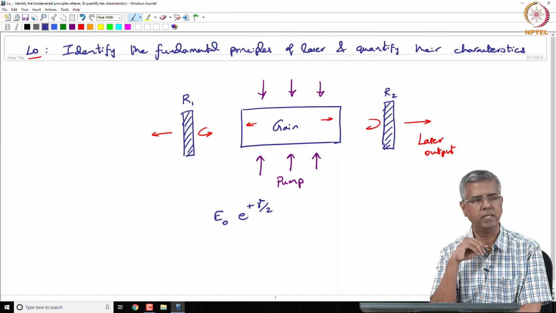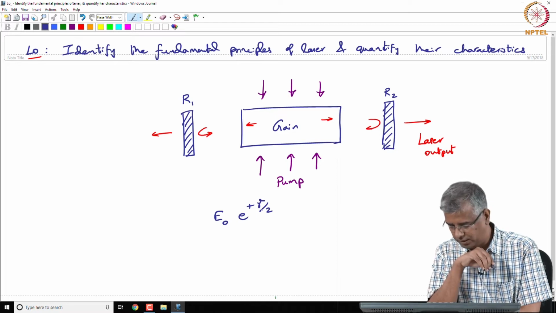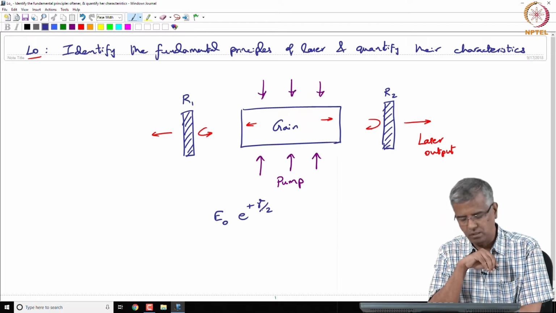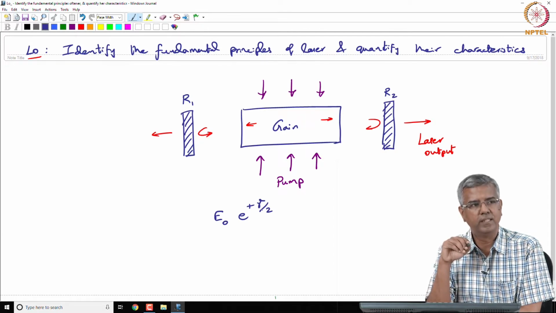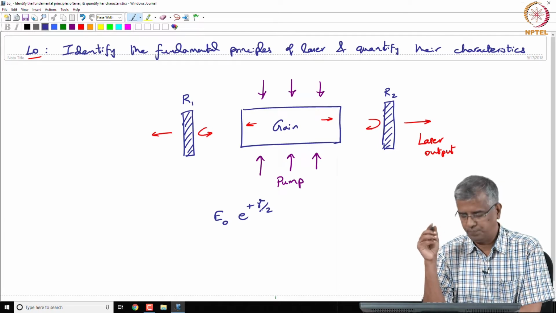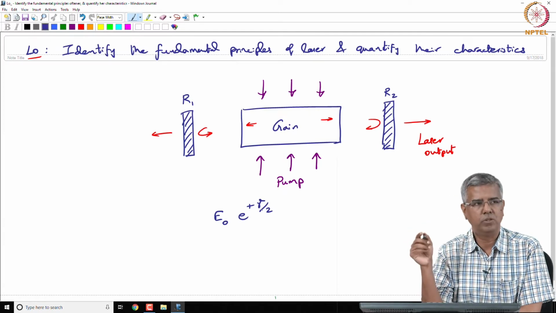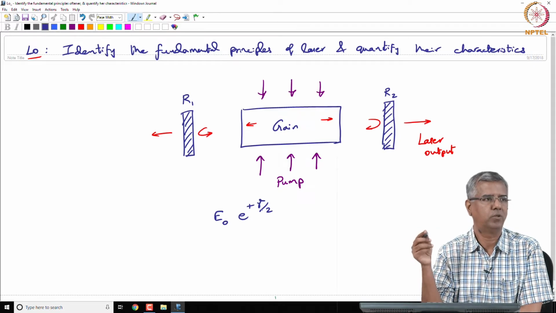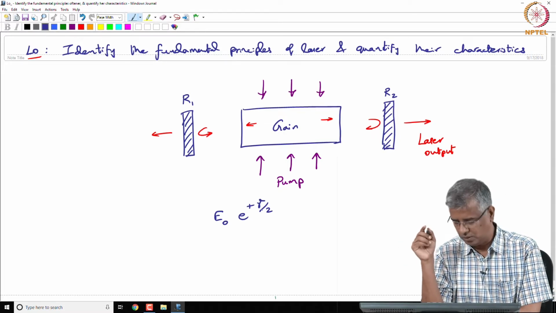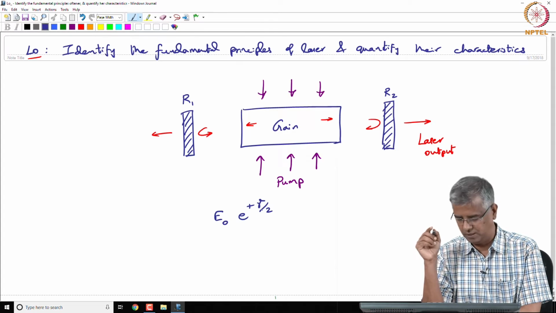But since I am actually looking at tracking the field, I am writing it down as gamma by 2. Why am I tracking the field? Because I not only want to match the amplitudes, but also the phase. I want to also track the phase, right. To track the phase, you need to see what is happening to the fields.